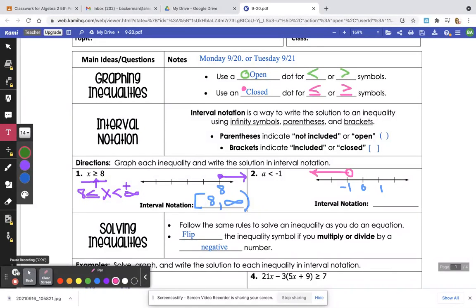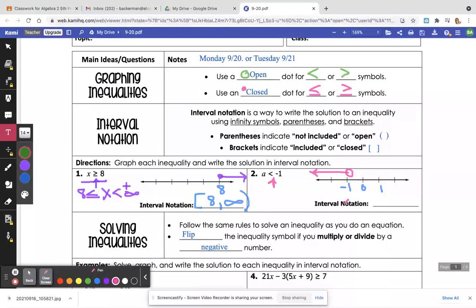Okay, so hopefully you got a picture like this, where at -1 you had an open circle because there's no equal sign underneath this. So we're having an open dot. And this time it says a is less than -1. So our arrow is going in the negative direction towards the left.